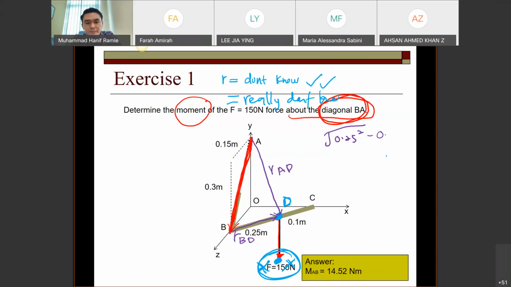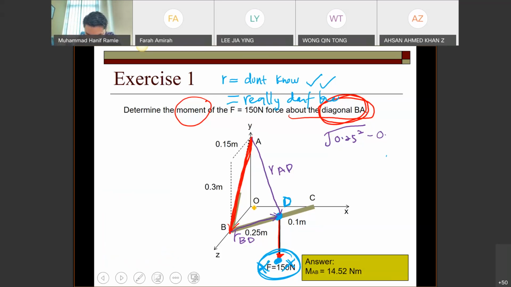Doctor, is it we need to find the angle OBC? OBC, yes, correct. The first thing is you have to find the angle, and later on the angle will be useful to determine the x component of RBD. Okay, let me explain. The first triangle that you have to solve, you have to use this triangle.